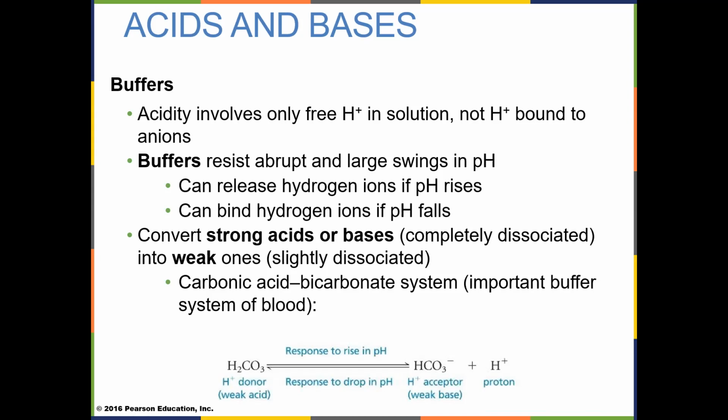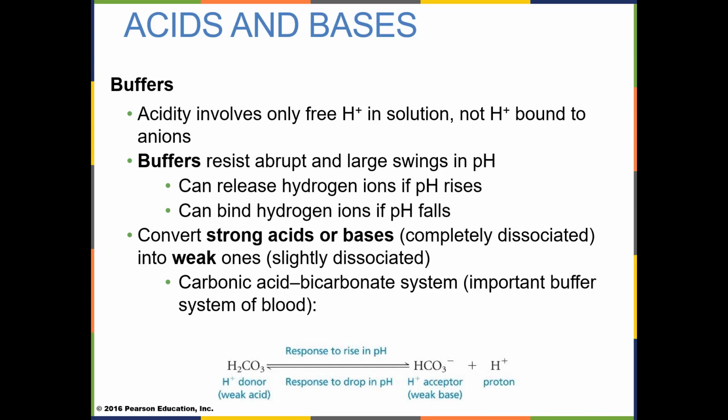If the hydrogen ion is bound up to an anion, like for example hydrogen and chlorine, hydrochloric acid, then the hydrogen ion is not free to roam and create this acidic environment. So if you can keep the hydrogen ion bound together, then your acid's not going to be very, very powerful.